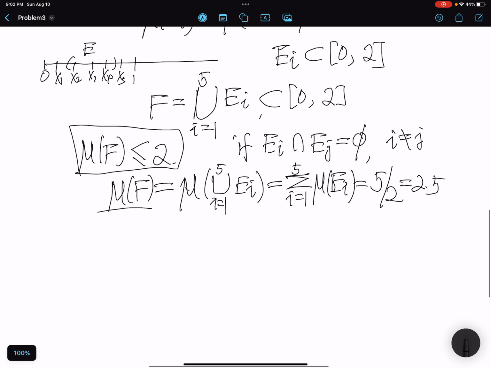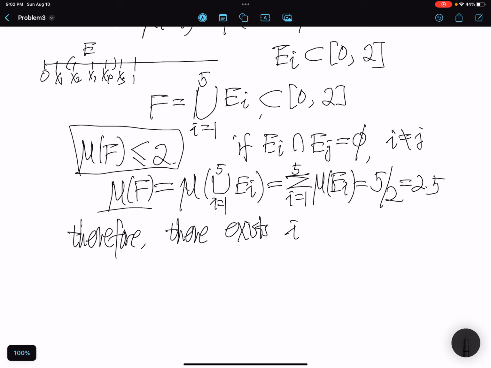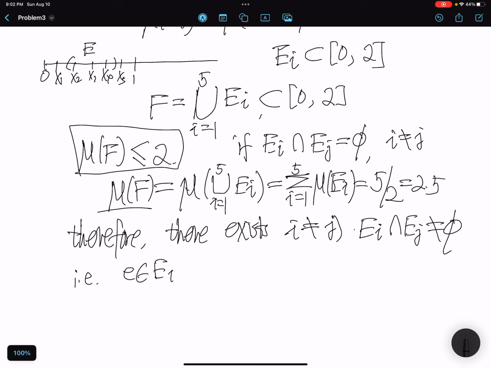This tells us, therefore, there exists a pair E_i and E_j, with i not equal to j, whose intersection is non-empty. So in other words, there is some element in the intersection, right?